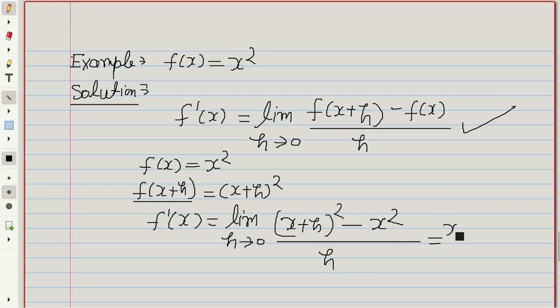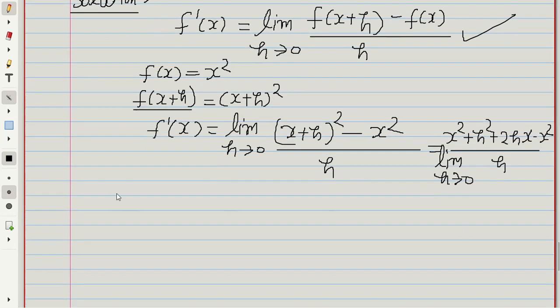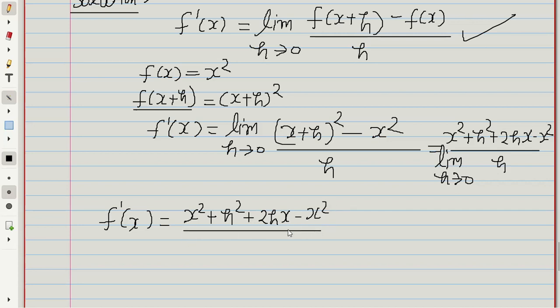Now it will become x square plus h square plus 2hx minus x square upon h, and of course limit h tends to 0. Now x square and x square will get cancelled.